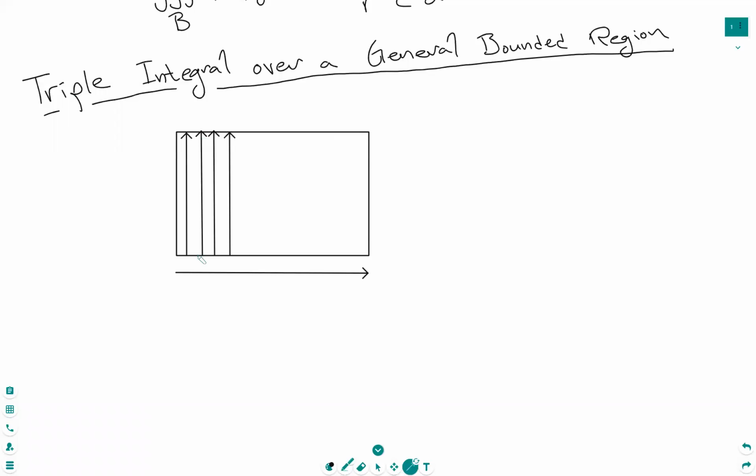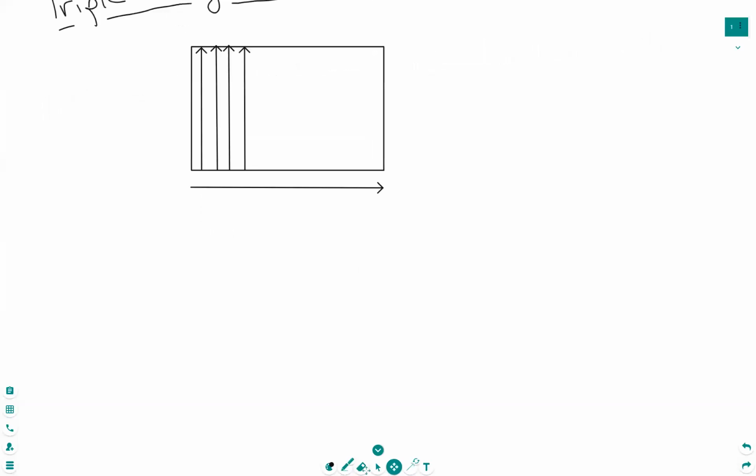So you have these traces and then you have areas that you create. And then you stack all of those areas together and then you add up all of those areas. So it's like, you keep doing the same type of behavior. You create this surface by doing this, but to create a volume, you continue in and out of the screen here. So let's consider the region.